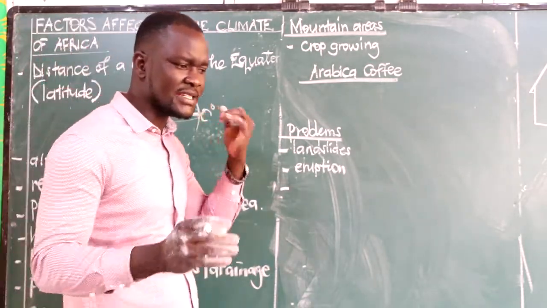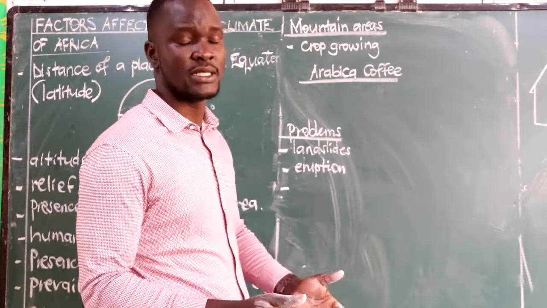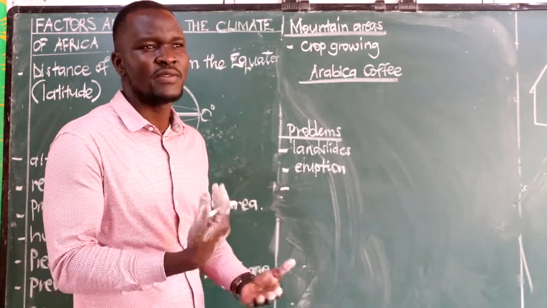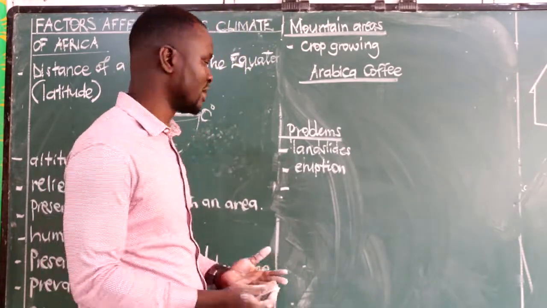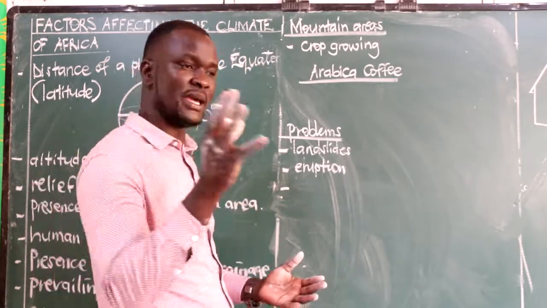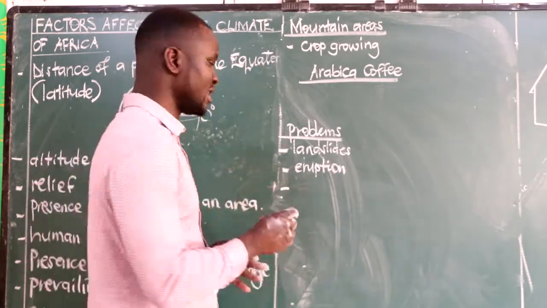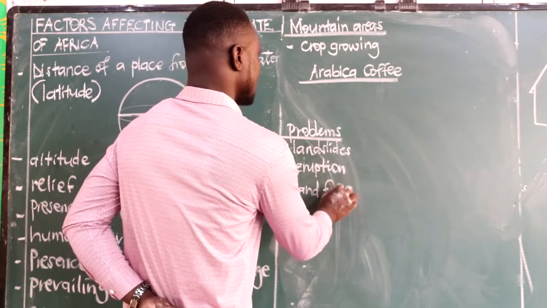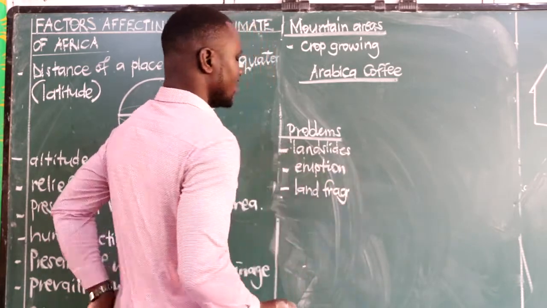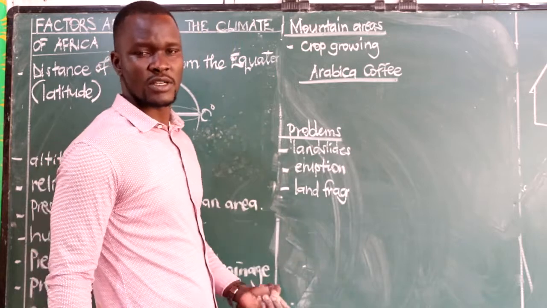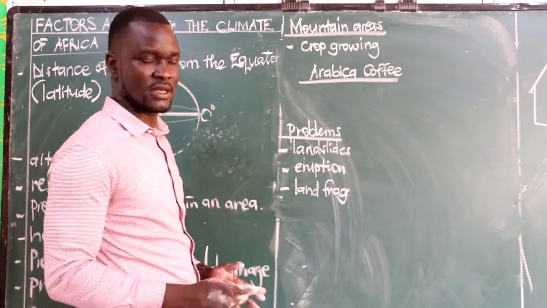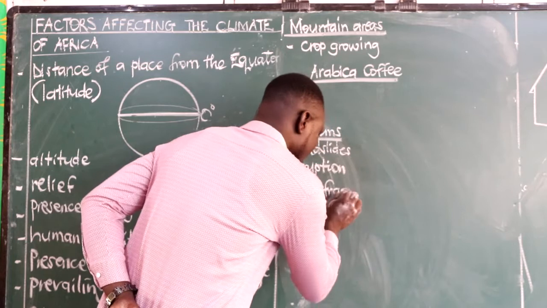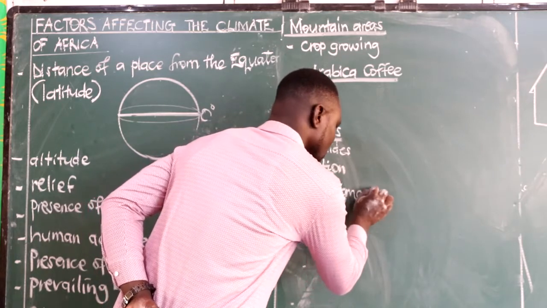Remember, the area is very fertile, it has fertile soil. Secondly, the climate is favoring human settlement. So people tend to become very many. And as they become very many, they run short of land. And they end up dividing the small plots into smaller pieces. That brings what we call land fragmentation.